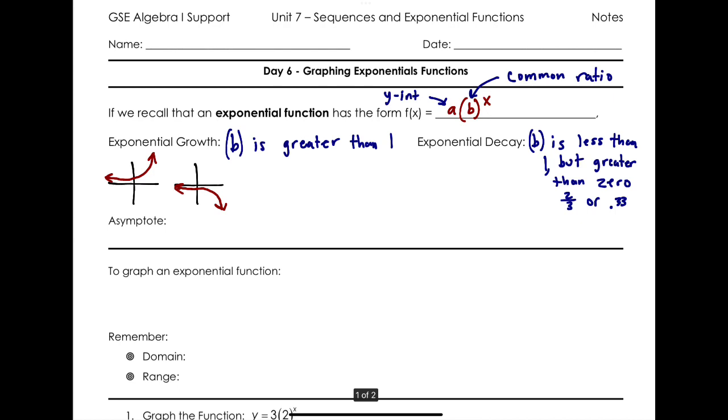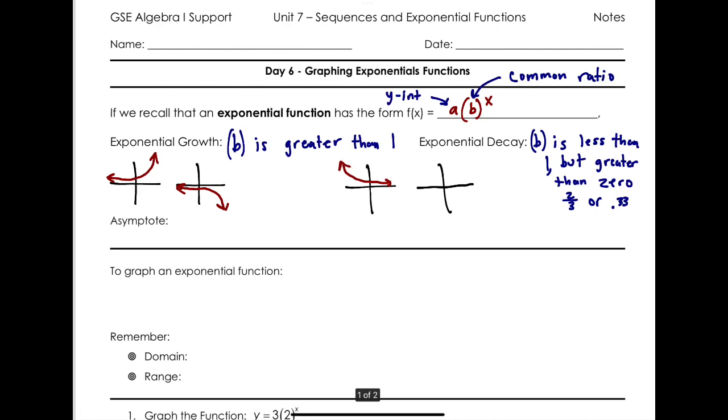Opposite of that, if we're talking about decay, make sure you're drawing these. It has to be moving toward the x-axis from left to right. So a graph that's going from left to right and going toward the x-axis, that would be a decay.